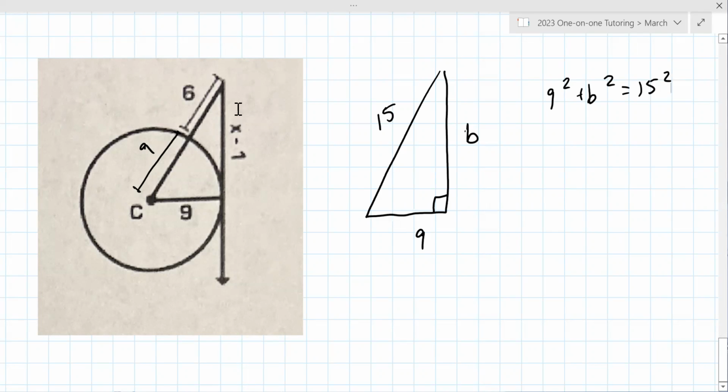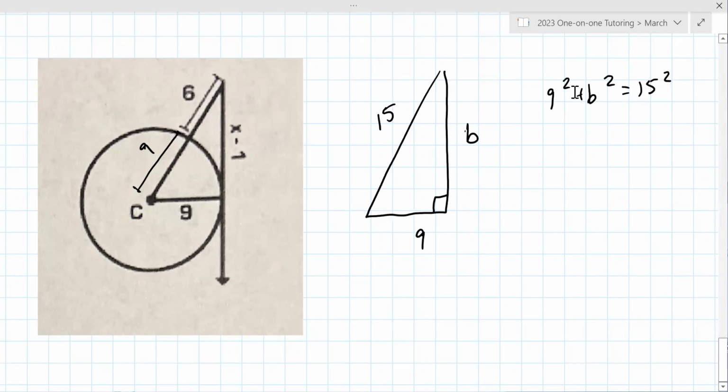Do you have the value of B for me? This one works out nicely.